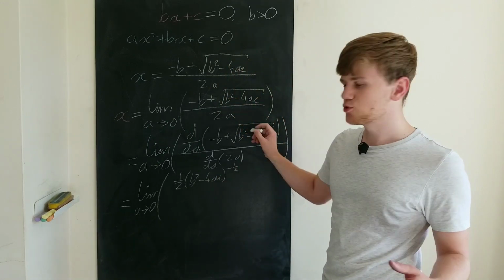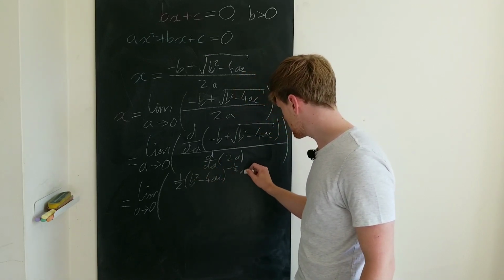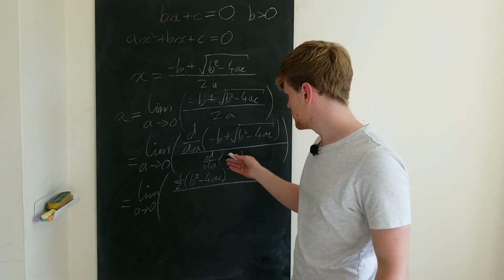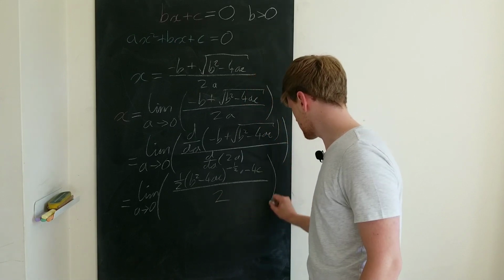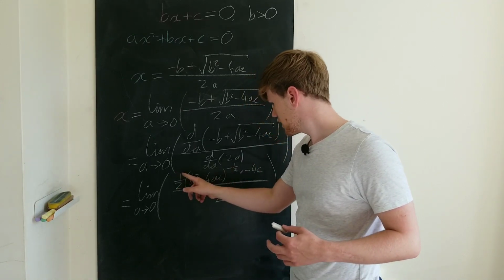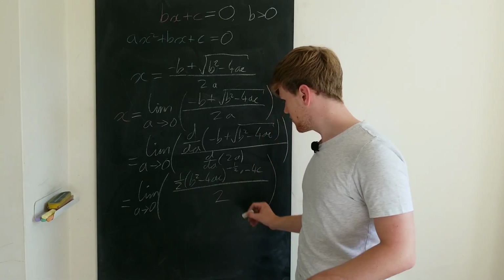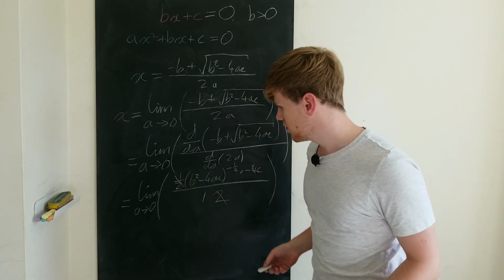But then we also need to multiply by the derivative of what's inside, so that will be times minus 4c, divided by the derivative of 2a with respect to a, which is, of course, 2. And so now the constant terms in here, half times 4 is 2, and then divided by 2, these all cancel, and we get 1 on the denominator.